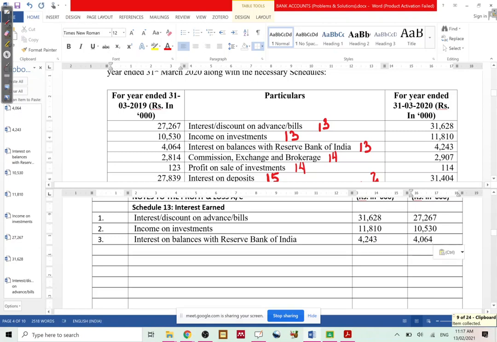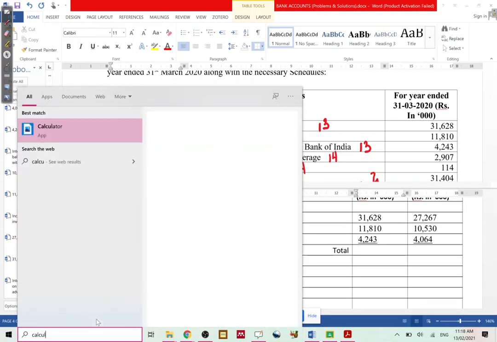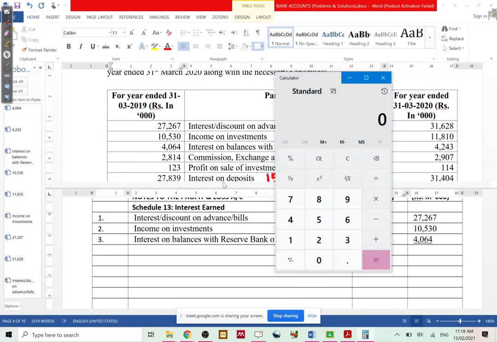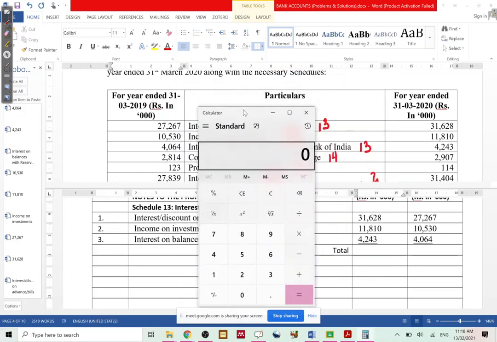Alright, so those are all the three items under our interest on schedule 13, and finally we are going to total these up and see how much they come to. Just for the sake of the first one, I will calculate it so that we see that we get the amount.